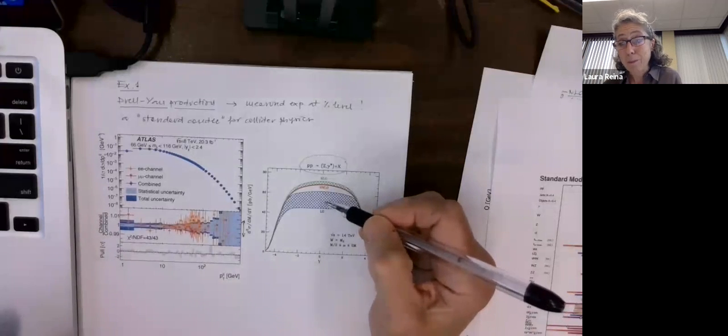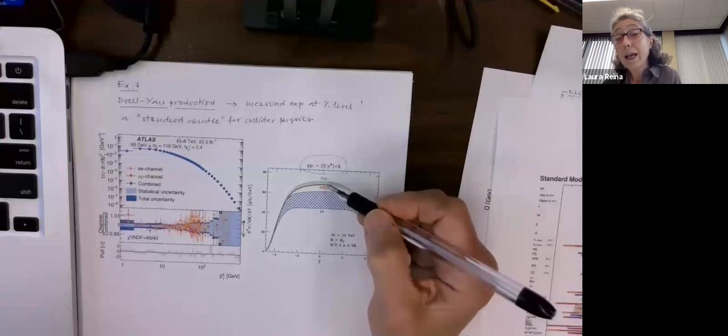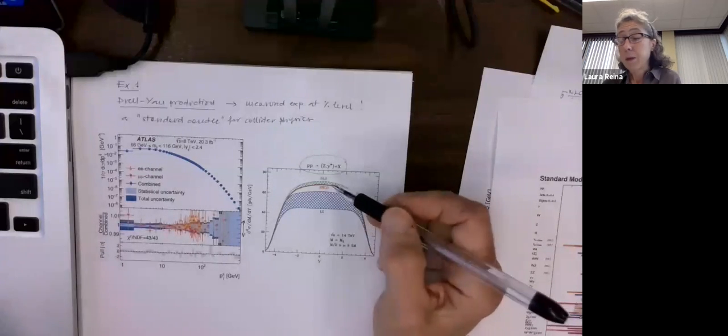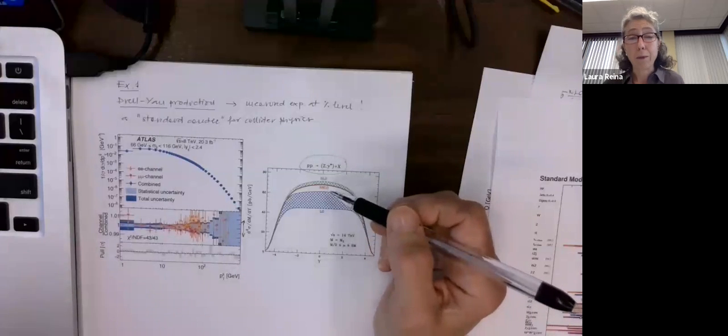But when you go to the next to leading order, so when you include the first order of QCD correction, look how the band by itself shrinks. Now, it also points to a different problem, the problem that the two bands do not overlap at all.